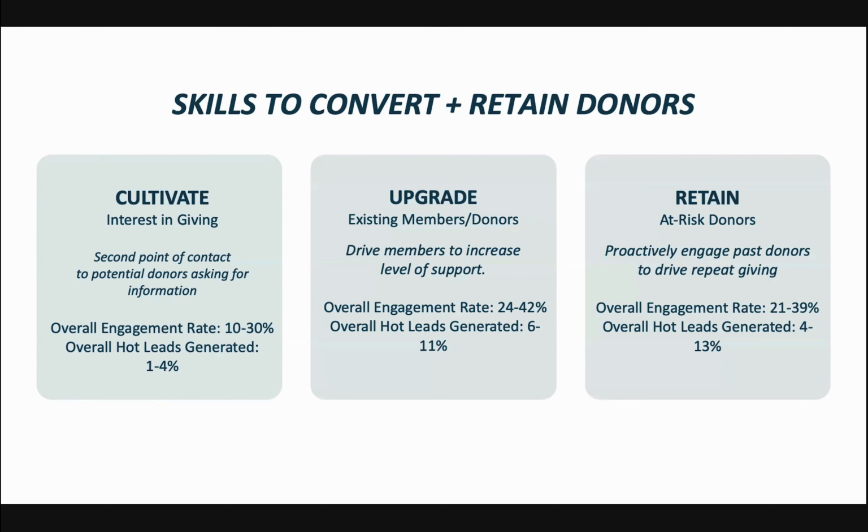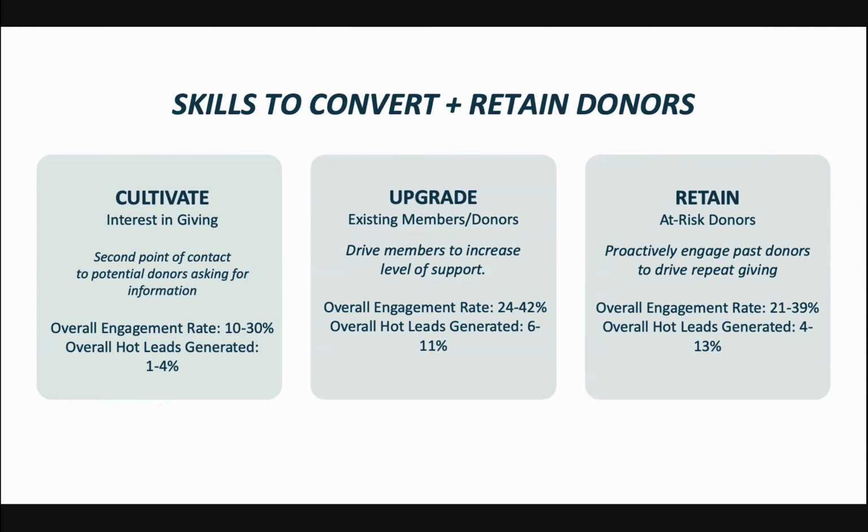The specific skills, so Brianna, this is to give you some data around them. When we talk about engagement rate, that's actually those that this assistant would be reaching out to who are responding. So they're interacting, they're in a conversation with her at some level. The hot leads generated is referring to those that are ready to take action. They're ready to speak to someone. They're interested in learning more about how they can make a donation, how they can give.